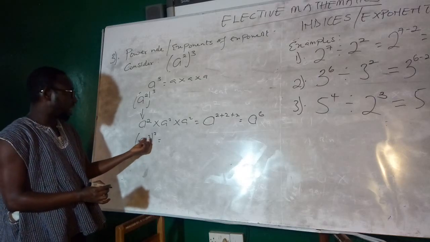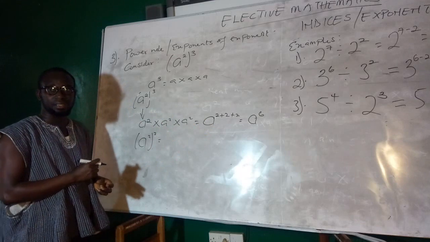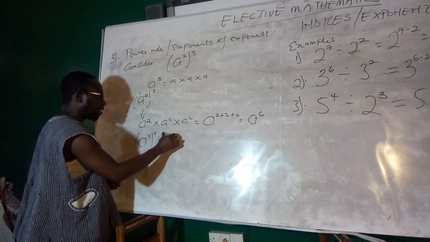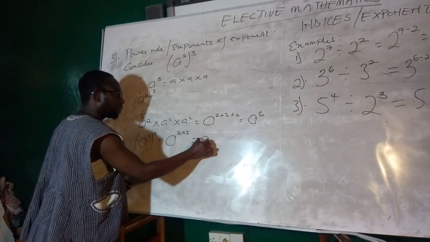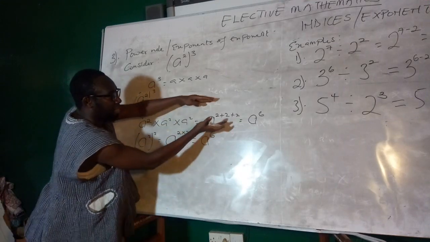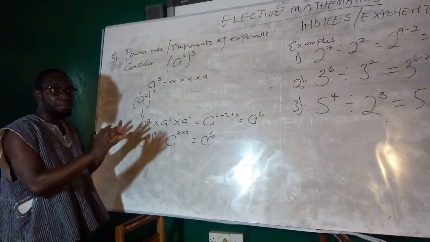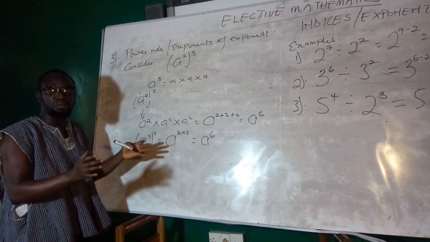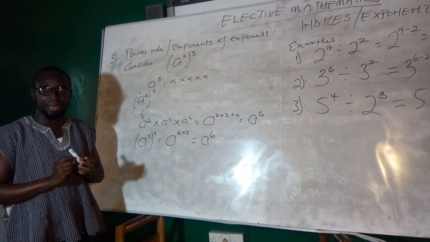So in effect, when we have a exponent 2 all raised to exponent 3, we want to find the operation which will work on 2 and 3 to give us 6. So we know that when we have a exponent 2 multiplying 3, then we get a exponent 6. So when we compare this to that, we can state that when we have a number raised to an exponent, which is also being raised to another exponent, their exponents or indices are multiplied.